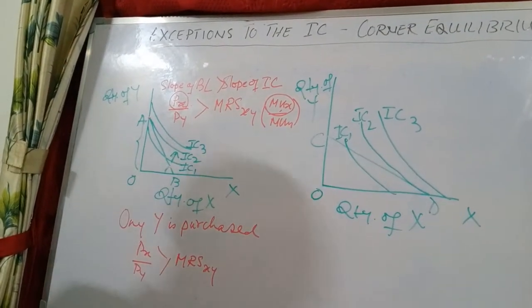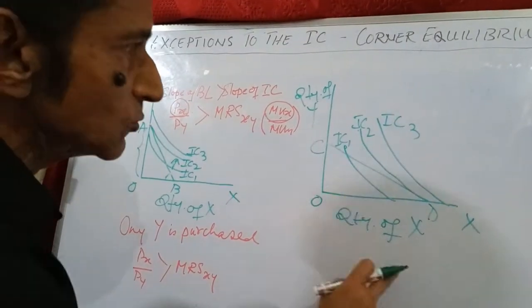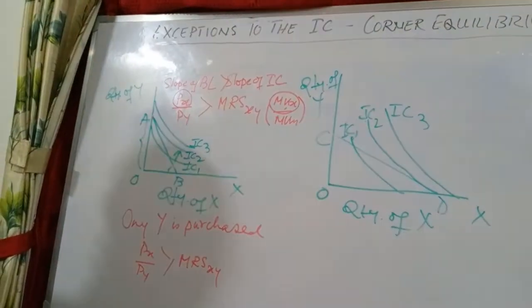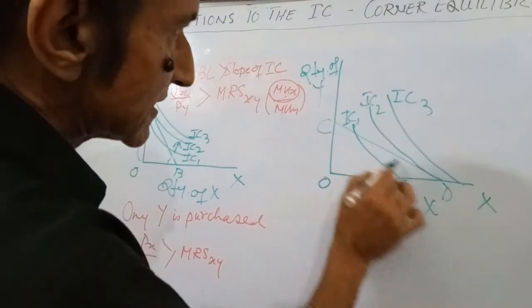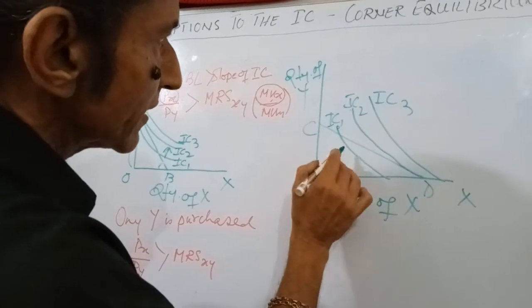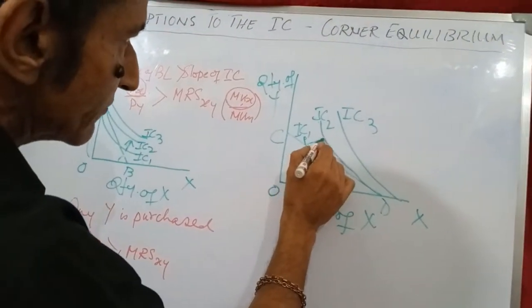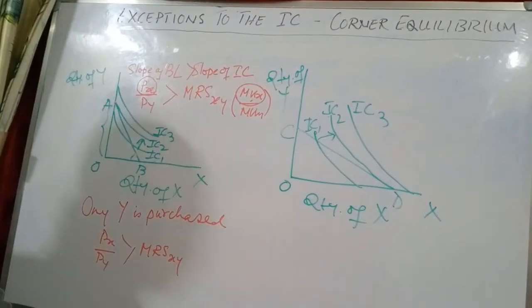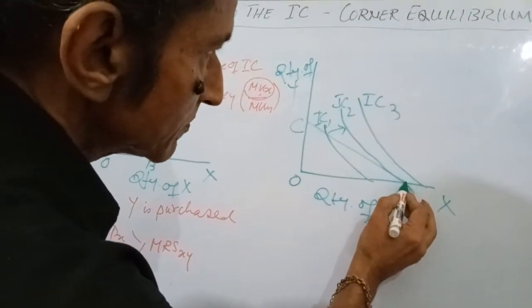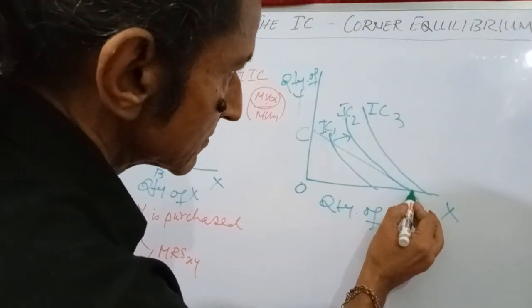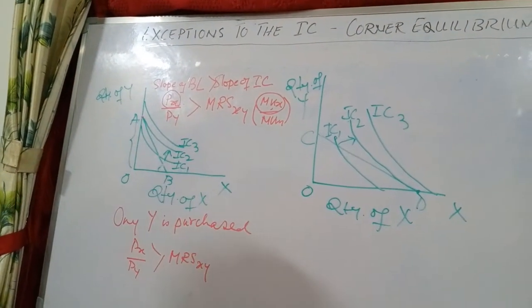Now budget line CD intersects IC1 and meets IC2 at point D. Within this budget line CD, the consumer can move to the higher indifference curve IC2, so he will move to IC2. Here the consumer is in equilibrium at this point. That means he is purchasing only X and none of Y, that is 0 of Y.